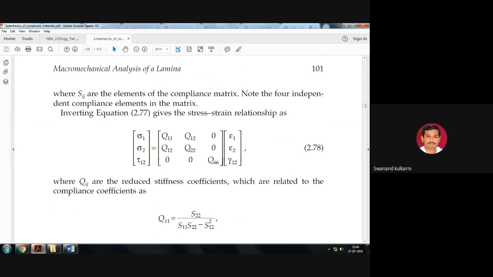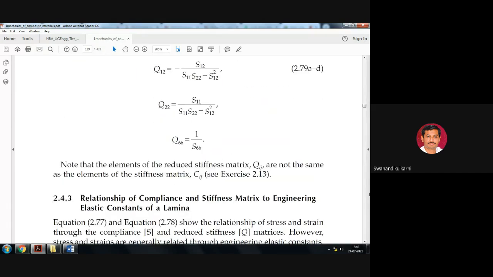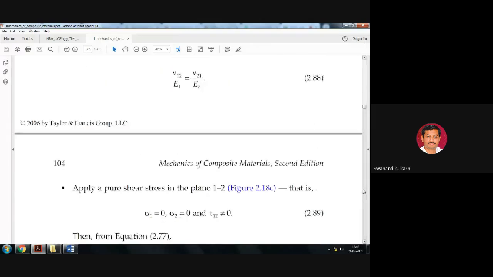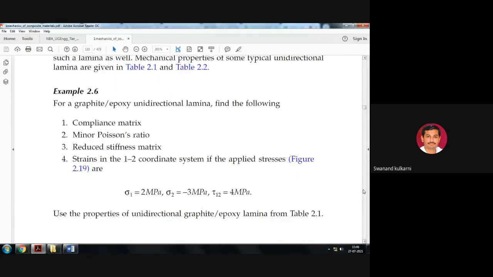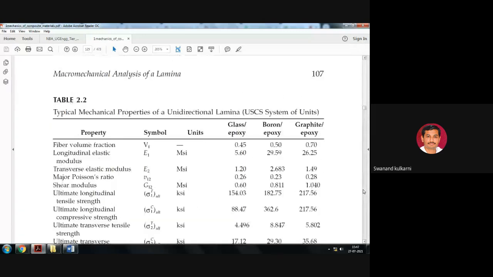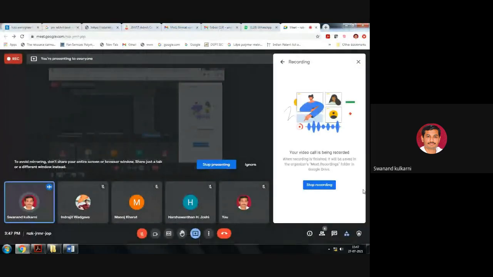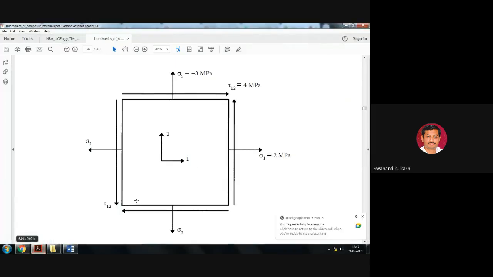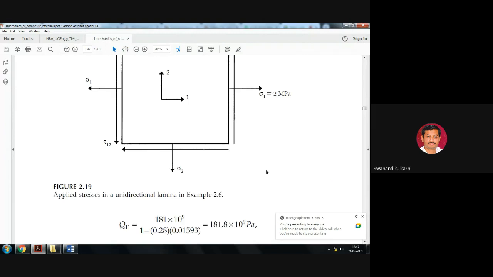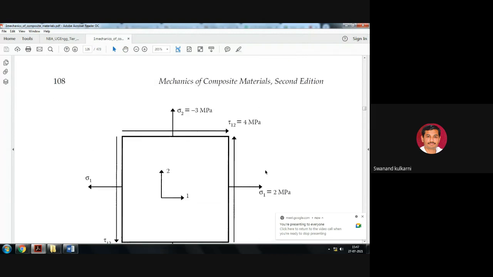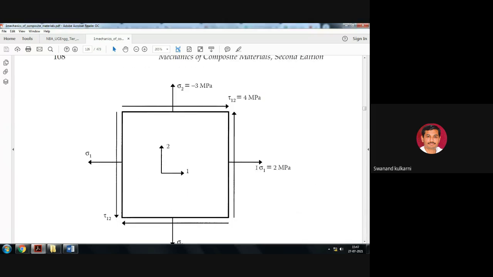See here, this is the relation between stress and strain. We are not interested in the relation of stress and strain. Now we are interested in the relation of principal stresses and stresses in the direction of x. Is it okay? And that's why this matrix in terms of this, we are going to use and refer here. So here, as far as this particular 60-degree angle lamina is concerned, because in this example it is mentioned, sigma 1, sigma 2 and tau 1, 2 values are provided.